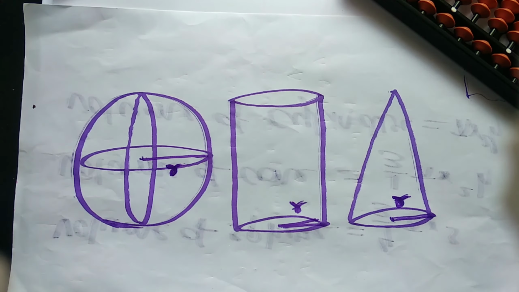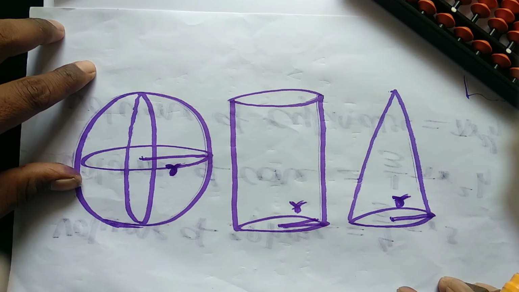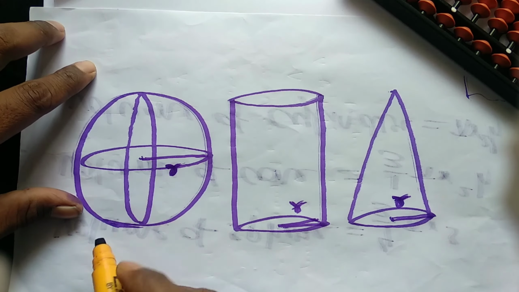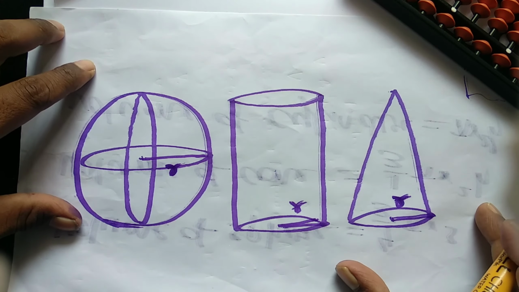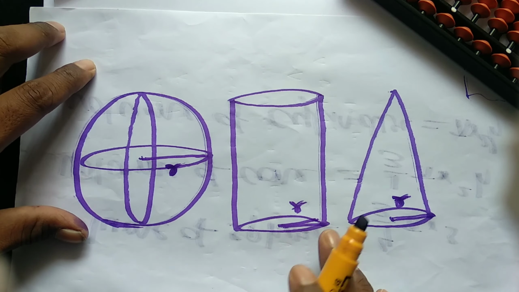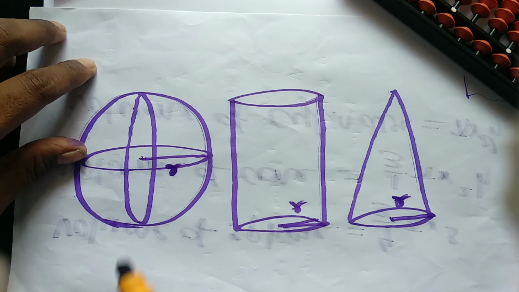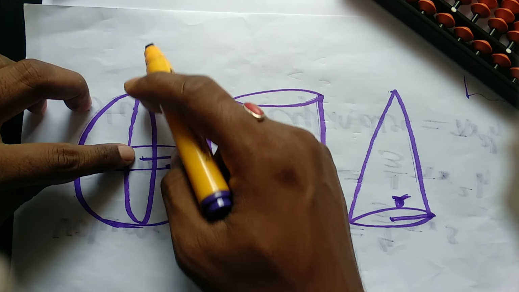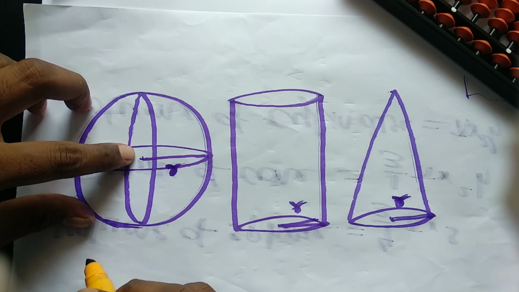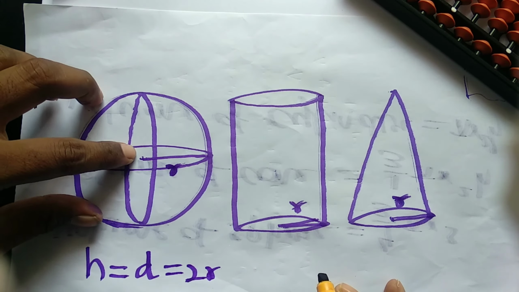Before finding the ratio, which is nothing but comparing similar quantities, we don't know the radius and height of the cylinder and cone, but I'm comparing the height and radius of these two solids with the sphere. Why? Because the height of the sphere is equal to its diameter, and diameter is nothing but 2 times the radius.